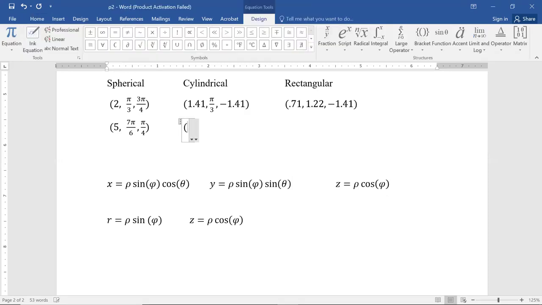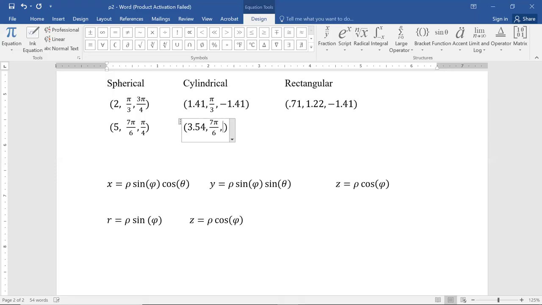Now, in the other point, 5, 7 pi over 6, pi over 4, the r value is going to be rho times sine phi. That is 5 times sine of pi over 4. That's about 3.54. Theta is the same theta, so that's 7 pi over 6.